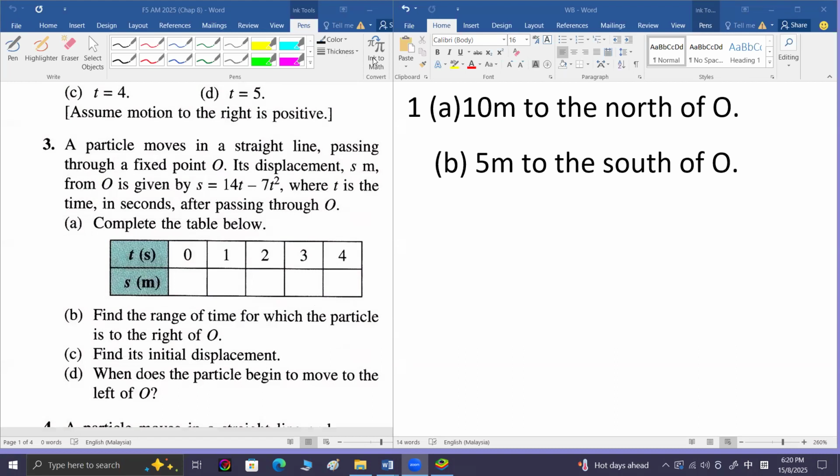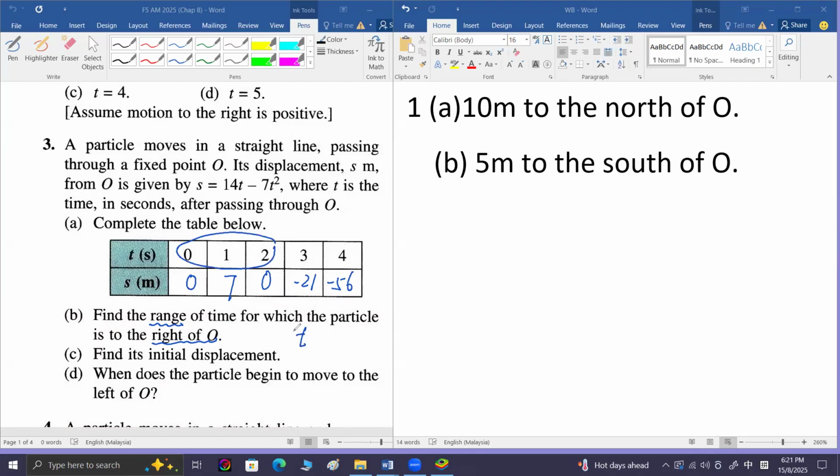Remember the way. I repeat this one, very important, because you're asked to find the range. After you find t is 0, t is 1, 2, when t is 3 and t is 4, to get the displacement here. So again, right of O means without the negative value, this range of time.